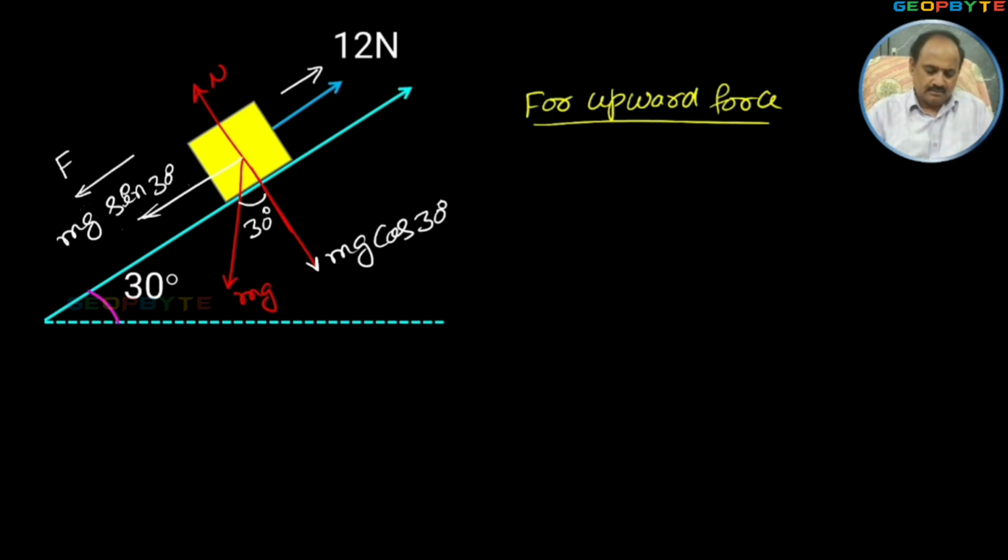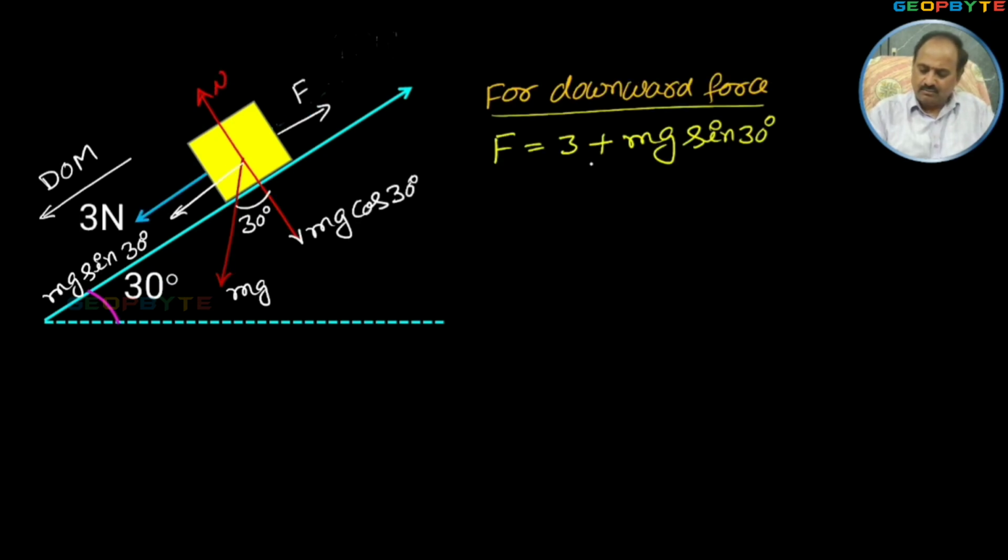Now let us apply the force balance equation. mg sin 30 plus f, these two acting in the down direction, must be equal to 12, that is in the up direction. But we have already written the f value: f equals 3 plus mg sin 30.